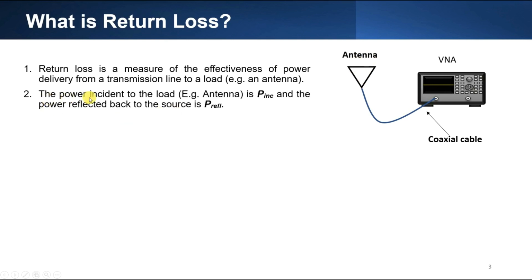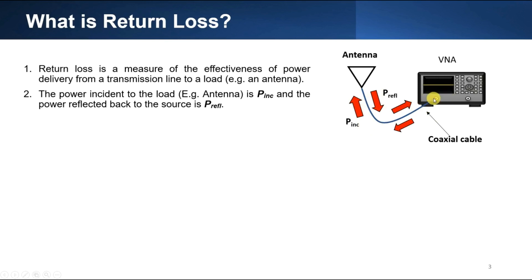Next, the power incident to the load is P incident, and the power reflected back to the source is P reflected. You can view from here, the power is transmitted from the VNA to the antenna. So this one is the power incident, and here will be the power reflected back to the VNA.